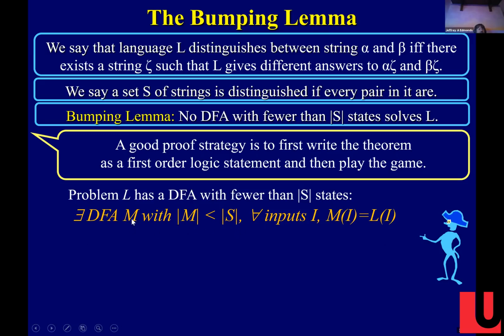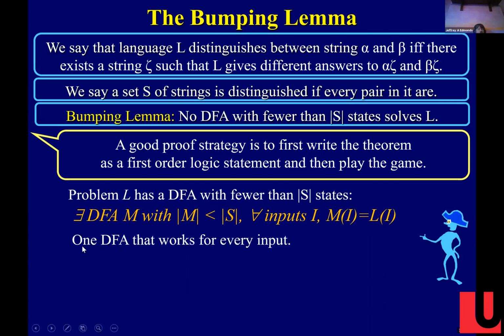And what does this DFA have to do? Well, on every input, it has to give me the right answer for the language. So this is a nice logic statement, and you should be able to read it and understand it because you're all experts at 1090.